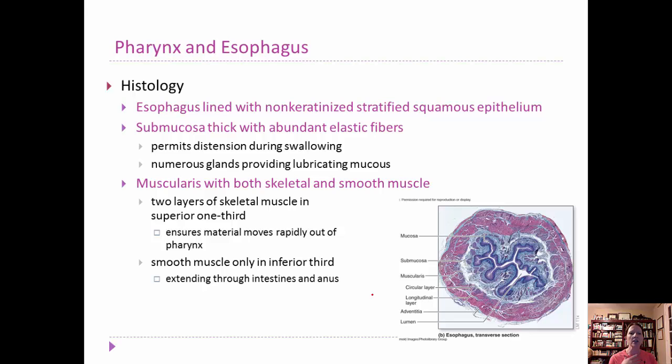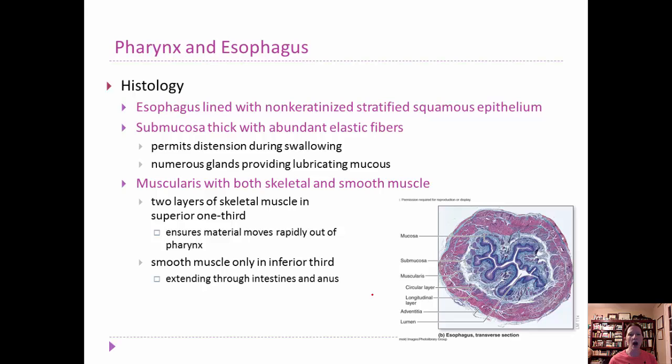So again, let's talk a little bit about that musculature of the esophagus. I got ahead of myself and I was talking about that upper esophageal sphincter and moving it rapidly through, but this is what I was talking about. So the first about third, you have 2 layers of skeletal muscle in the superior one-third portion of the esophagus.